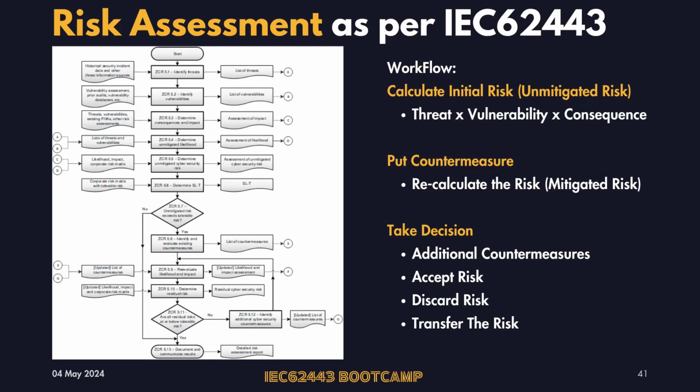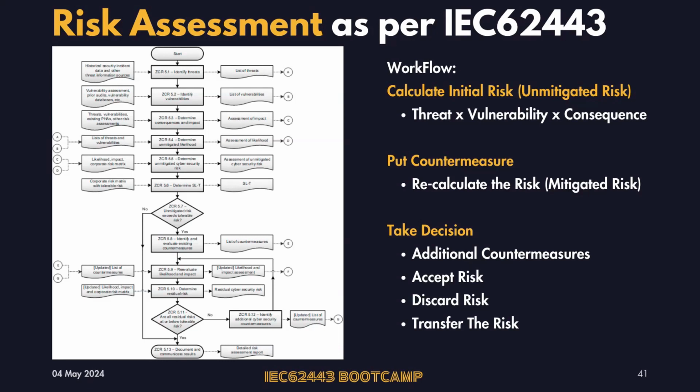Then you have to determine the unmitigated risk, that is without countermeasures. Sometimes in an organization you have some existing countermeasures, but still they are not in work. So if you had taken those actions, what would be your mitigated threat likelihood and the risk?